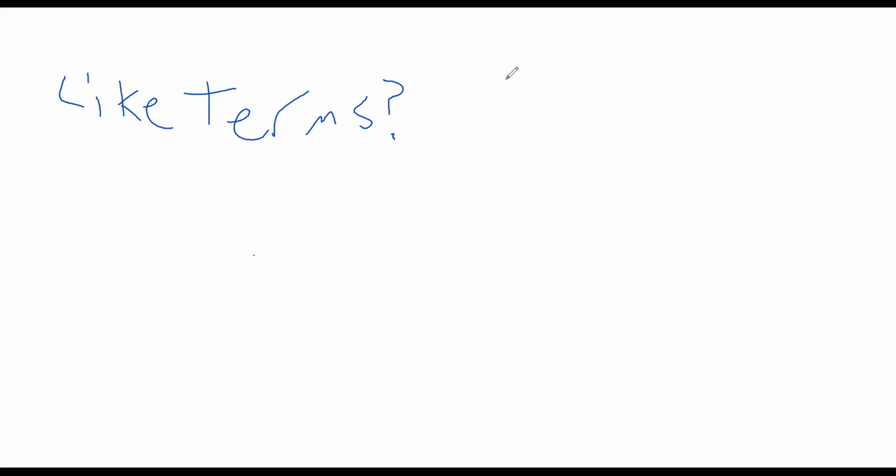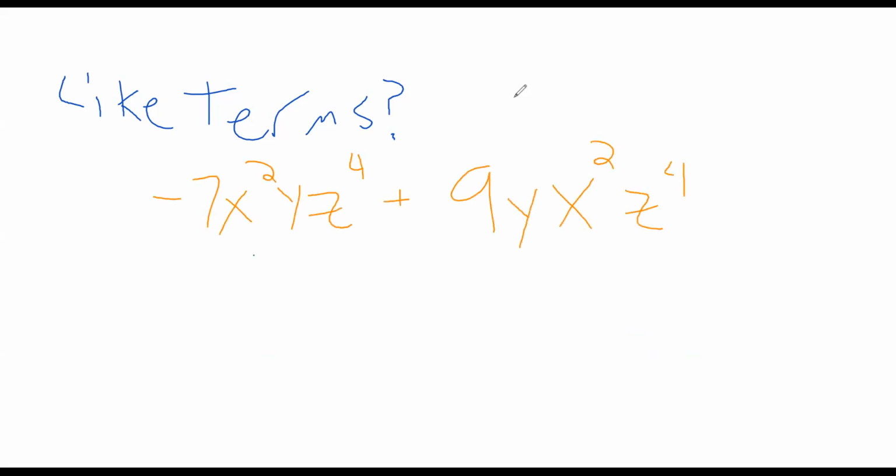How about negative 7 x squared y z to the 4th plus 9 y x squared z to the 4th. It's tricky.